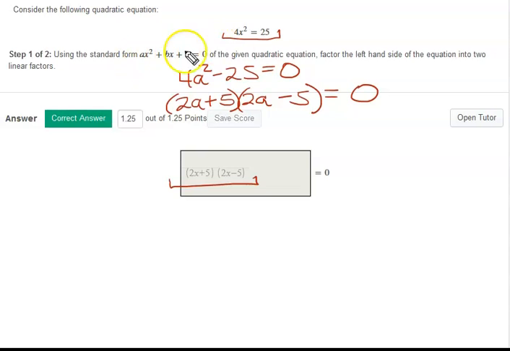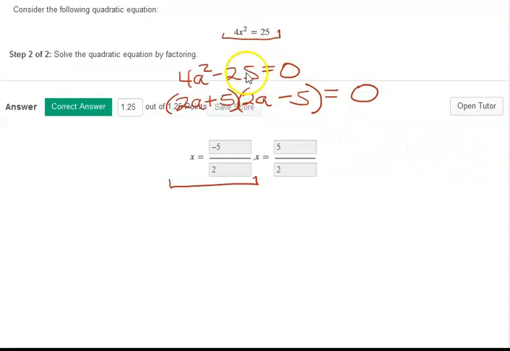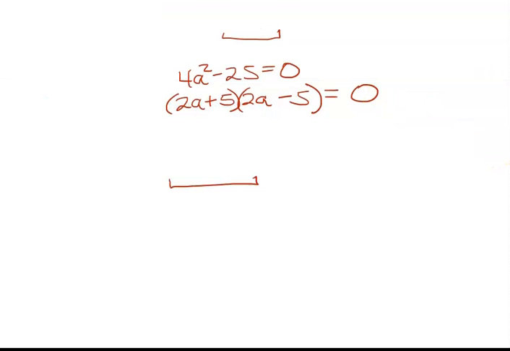That's what they're looking for here. They've asked you to put it in standard form, then factor it, and then show the factors equal to 0. Now, what they're going to ask next is what are the solutions of this? Let's clean this up. Our protocol is to equate each of the factors to 0. So 2a, transpose the 5 to the other side where it becomes negative 5.